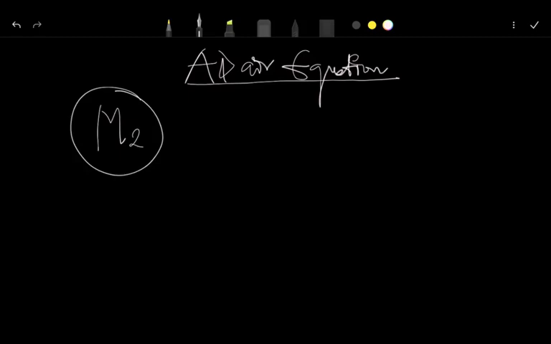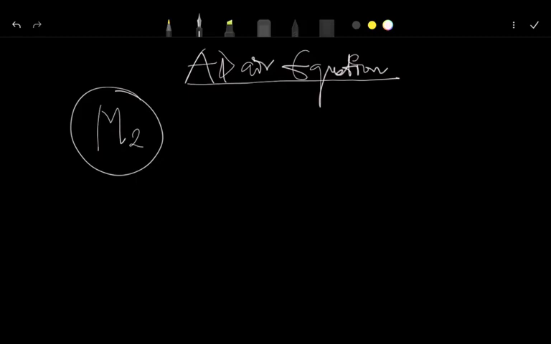So the Adair equation could be for a dimeric protein, a tetrameric protein, a trimeric protein, even a pentameric. But usually for your level they give you trimeric or tetrameric, or sometimes they want to be easy on you, they will give you dimeric.